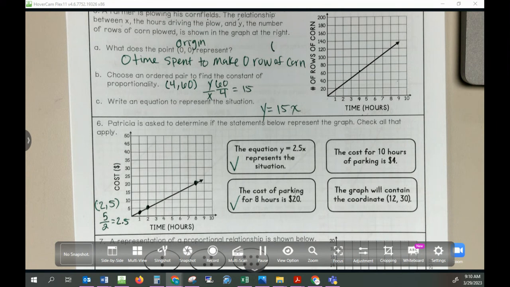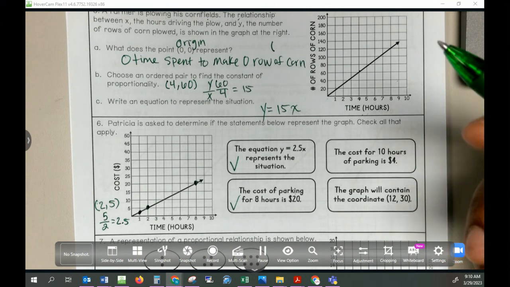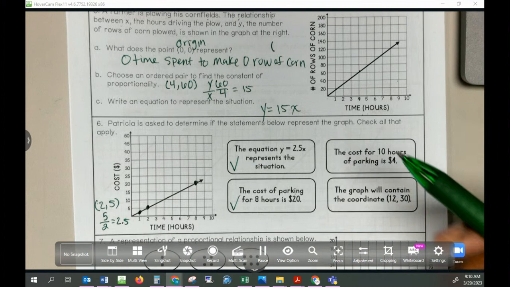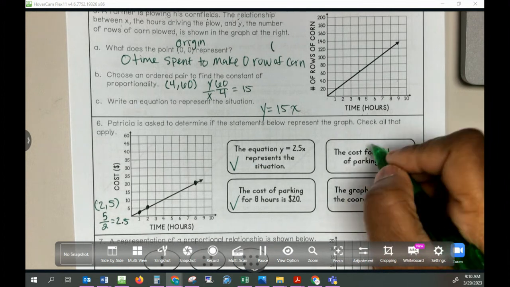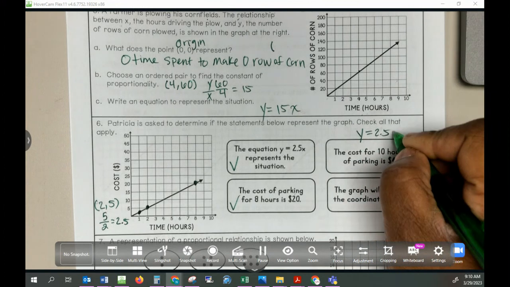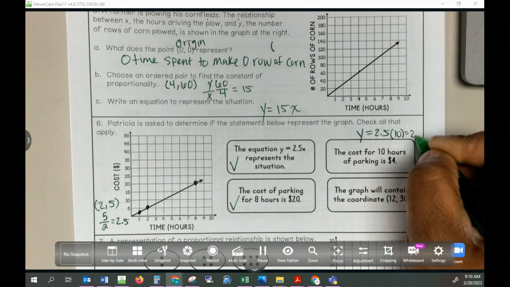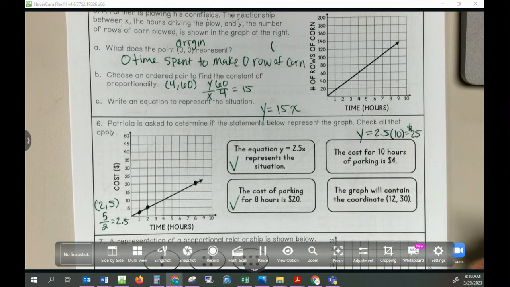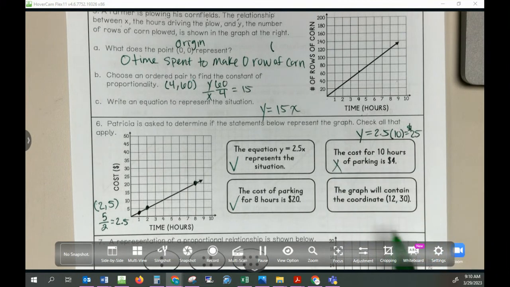I didn't hear you, hon. 25. Do we agree? Yes, that's right. Because if our equation is y equals 2.5x and I plug in 10, I'm going to get $25. Great job. So that's not right.